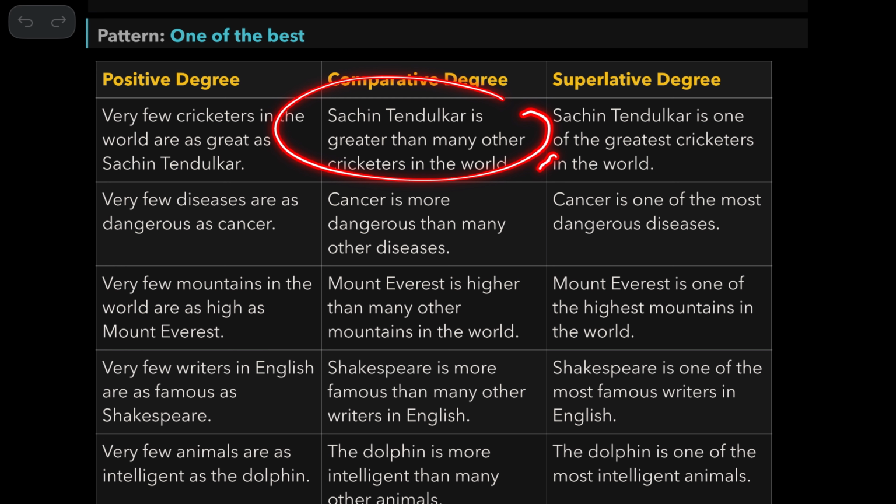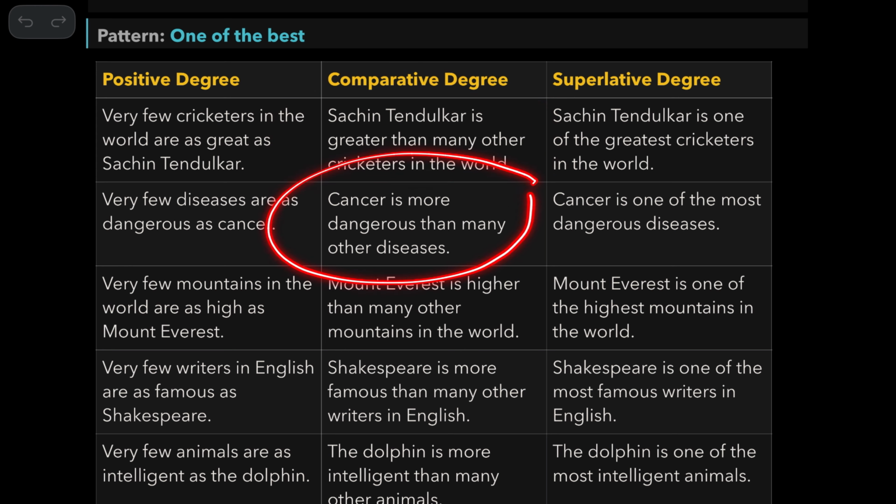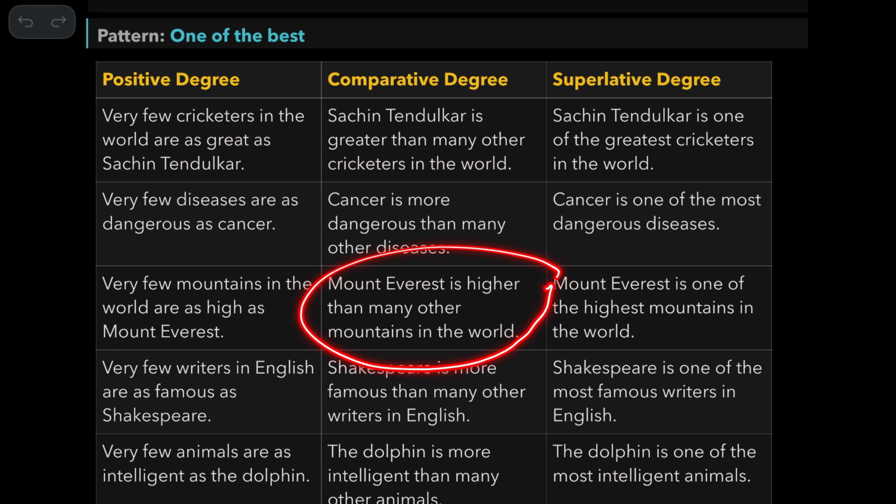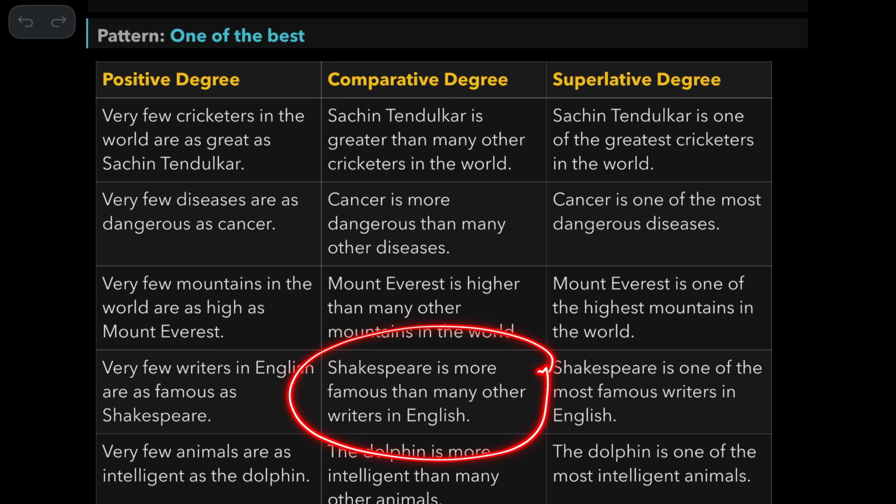Sachin Tendulkar is greater than many other cricketers in the world. Cancer is more dangerous than many other diseases. Mount Everest is higher than many other mountains in the world. Shakespeare is more famous than many other writers in English. The dolphin is more intelligent than many other animals.